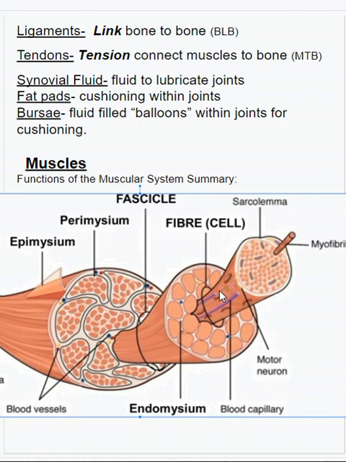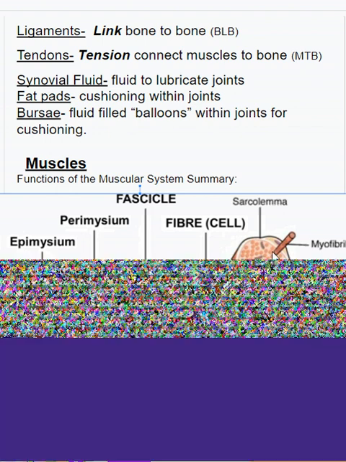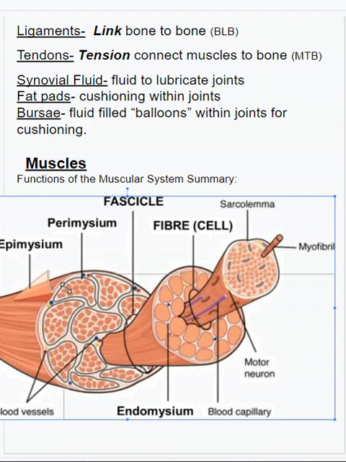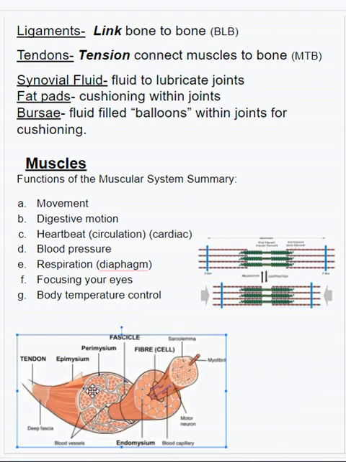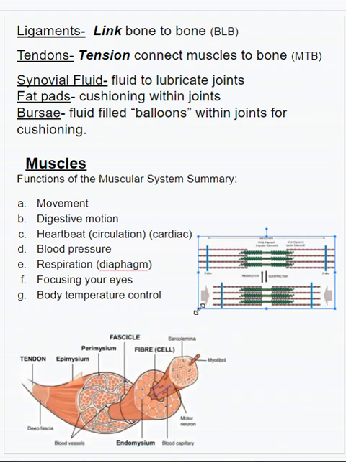Muscle cells, at least skeletal muscle cells, are multinucleated, and that allows them to stretch over longer distances. And inside of them are myofibrils. And these myofibrils are made up of very specific proteins. And it's those proteins that we focus on so we can understand what's known as the sliding filament model.